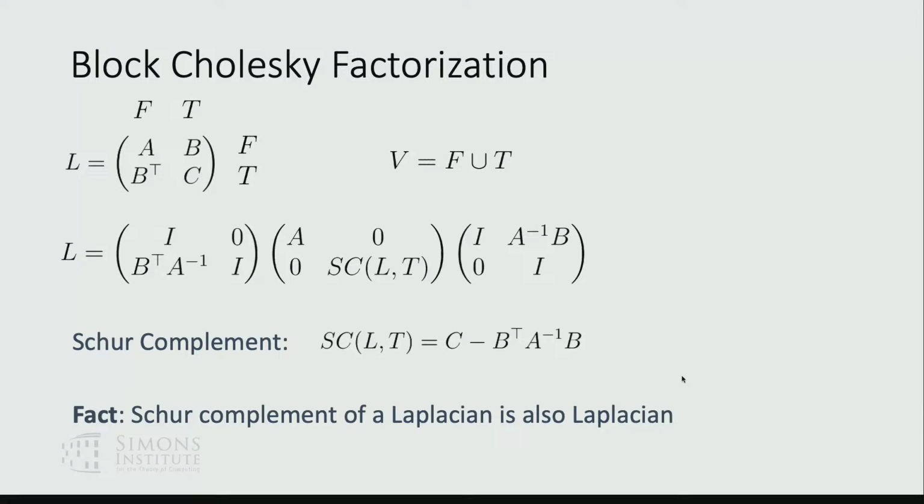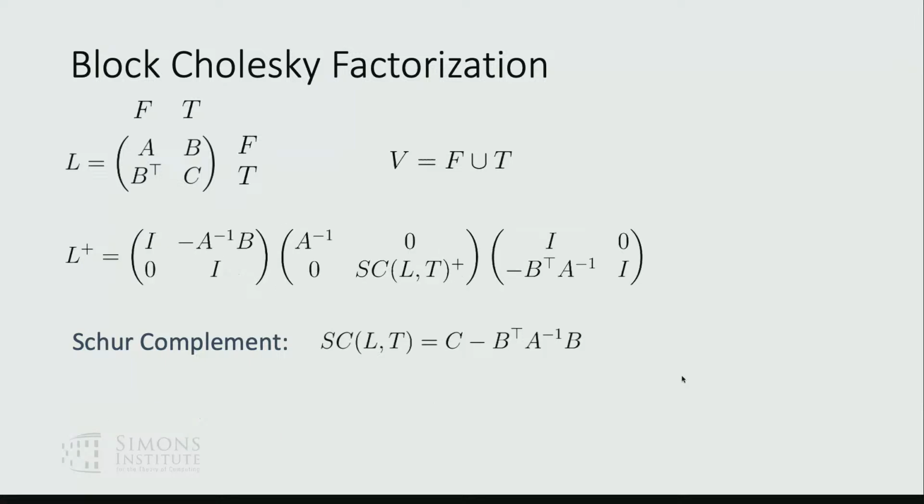Okay. Why is this factorization interesting? I focused on the block diagonal, but what about these other factors? These are very nice systems. They are triangular, and they have identities on the block diagonal. These matrices are very, very easy to invert. In fact, I can just explicitly write the inverse of the Laplacian as an upper triangular matrix.